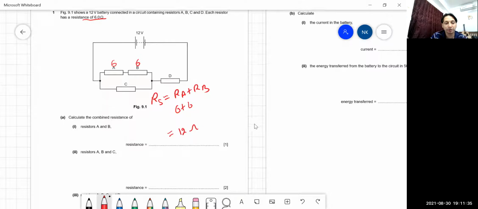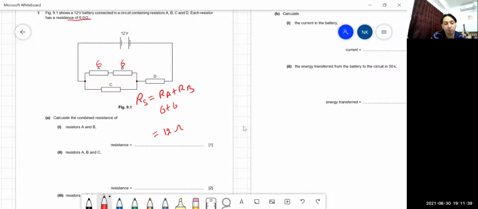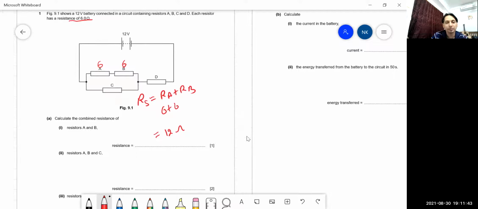Now the second part of this question. You have to find the total resistance of A, B and C. In this type of question, we have calculated the total resistance of A and B, which is now 12 ohm. Let me draw another diagram to understand this better.